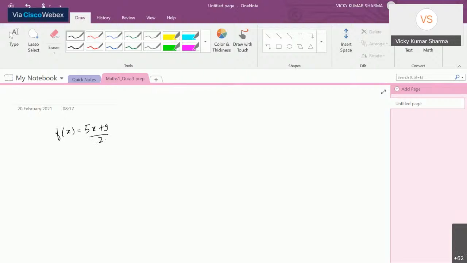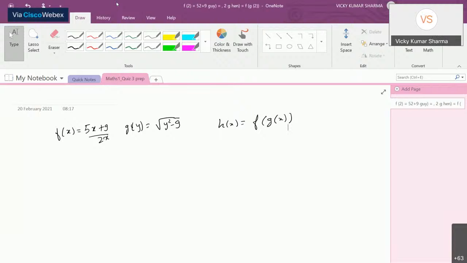In question number 11 we are given the domain, right?